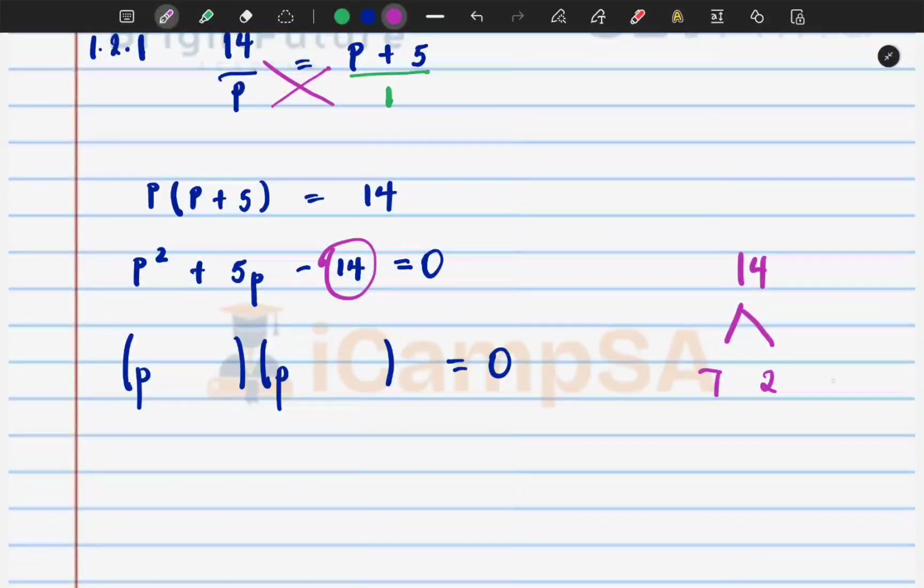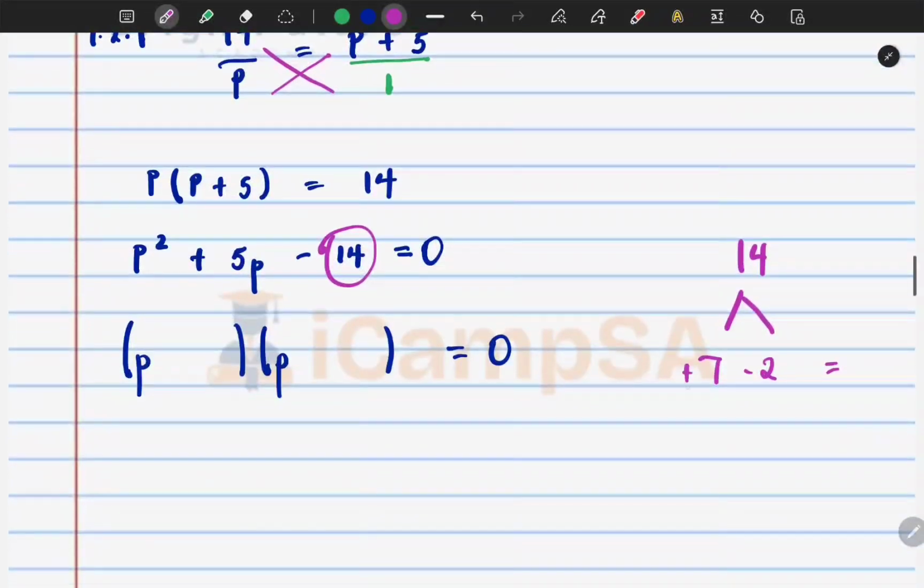When we add or subtract these numbers, they must give us a positive 5, so which one must be negative? This one is going to be negative and this one positive. So 7 minus 2 is positive 5p, and easily we are going to have plus 7 minus 2.